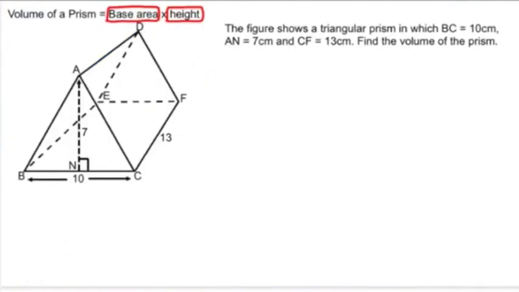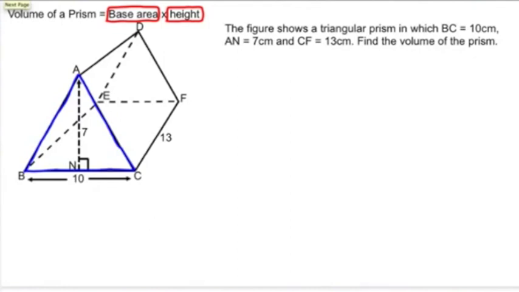So let's go back to this example of a triangular prism, which is the base area times the height. The figure shows a triangular prism in which BC equals 10 centimeters, AN equals 7 centimeters, and CF equals 13 centimeters. Find the volume of the prism. Well, the first thing I'm going to need to do is find the base area, which is this triangle here.